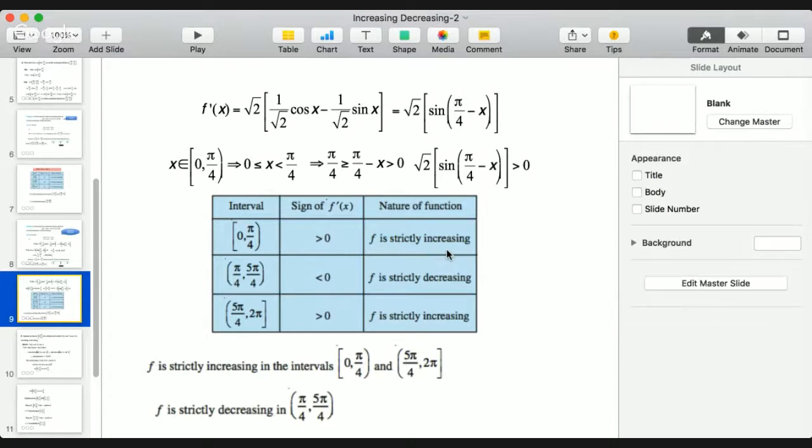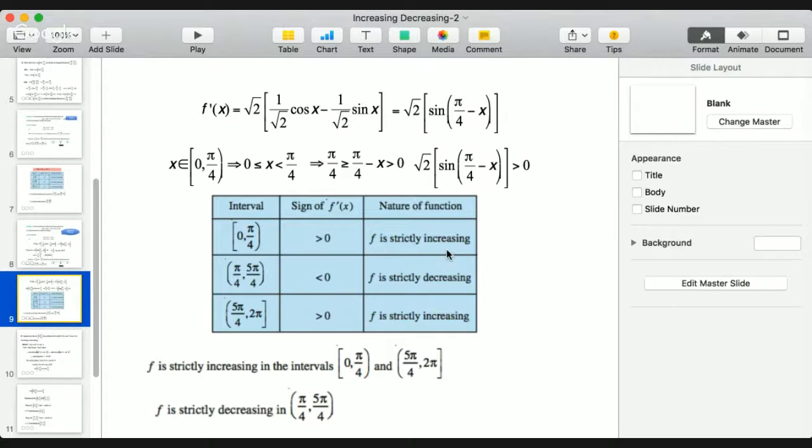Right, but then you will also have to be careful that from there you will also look at the other possible interval in which the derivative could be greater than 0. So it's not only the 0 to pi by 4 interval that you will have to discuss. You will also look at the other quadrant in which this condition could be satisfied.